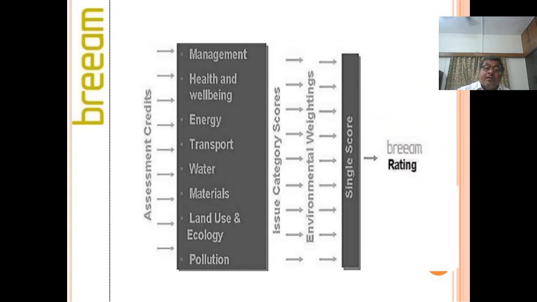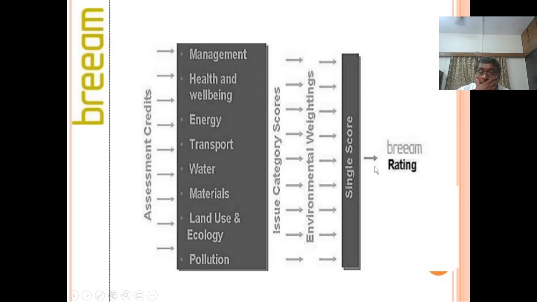So BREEAM here is the assessment credits. It is listed on one scale. Then issue category scores. So assessment credits are filtered through these factors. Then issue category scores, and then environmental weightage. And then a single score appears, and that is the BREEAM rating.